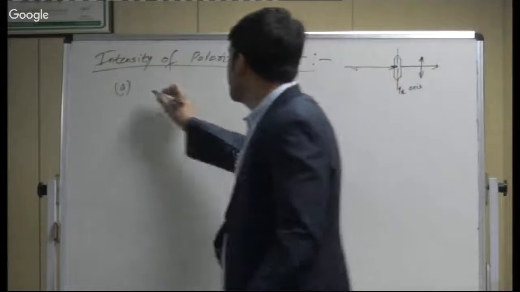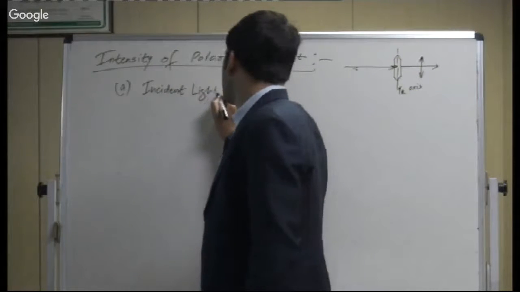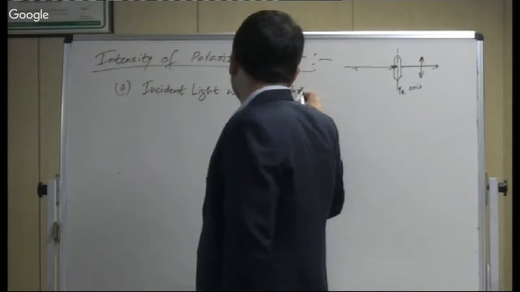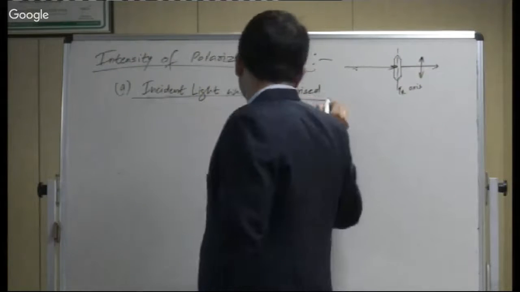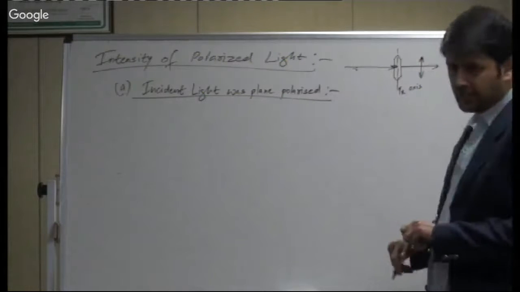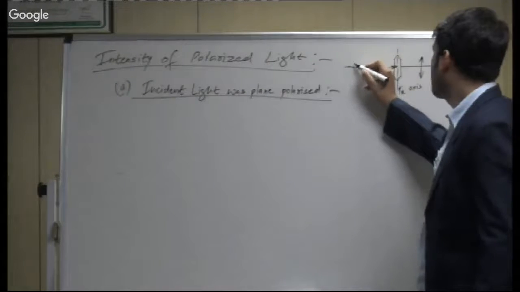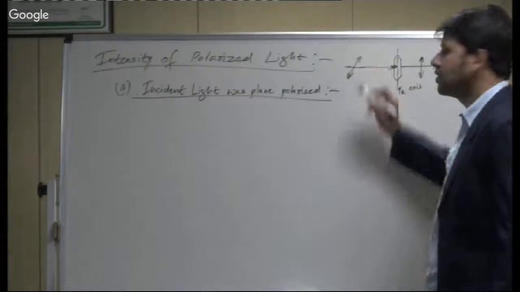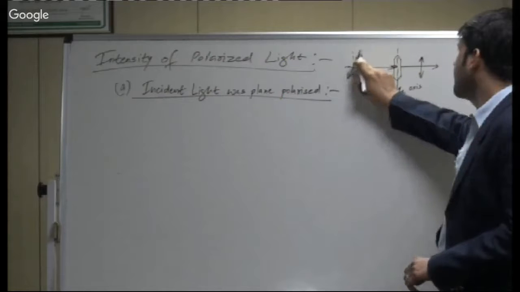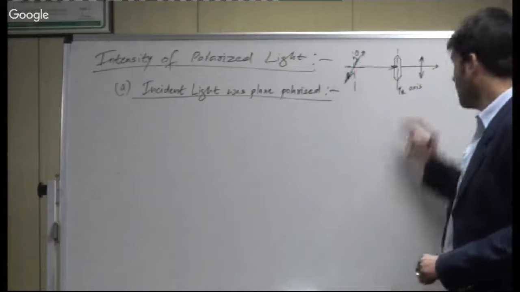So let's see if the incident light was plane polarized. Okay, if the incident light was plane polarized or linearly polarized, which means what? We have light with single oscillations. Let us assume that this light makes an angle theta with the transmission axis.